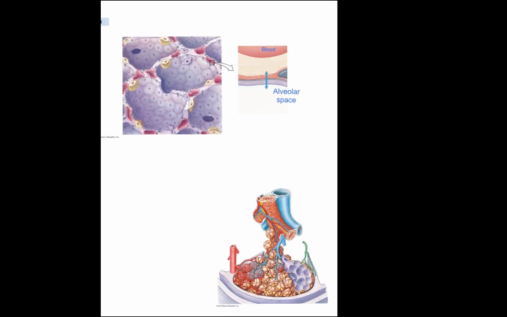Before we talk about this gas exchange, let's just look at the cellular structure of the alveoli for a second. The alveoli are made up of two different kinds of cells. The most abundant ones are the type 1 cells, which are shown by these purple ones. And these type 1 cells are very large, and they're very thin, and they are the main site of gas exchange.